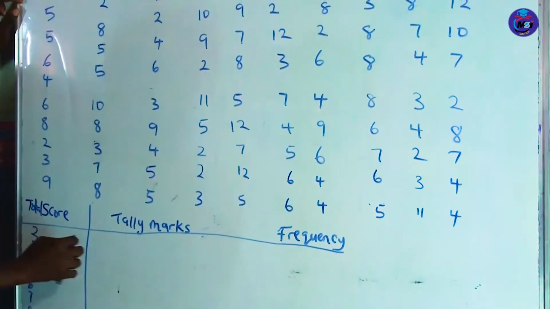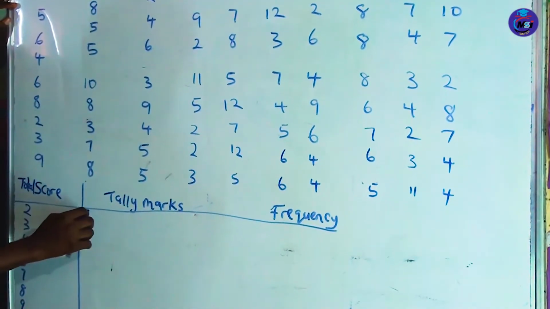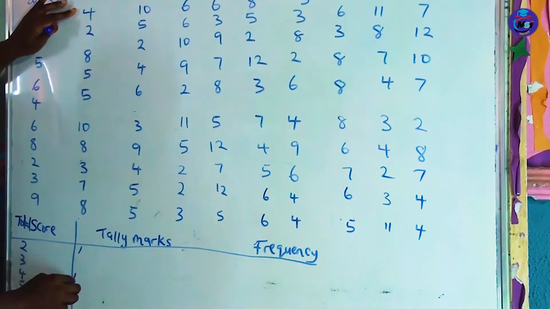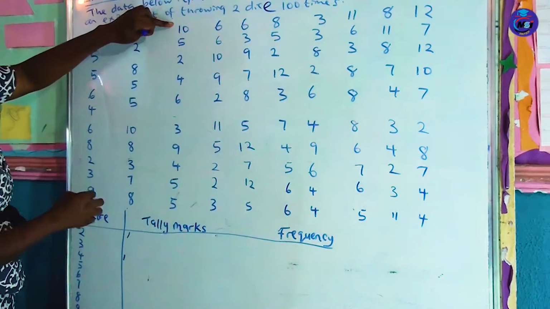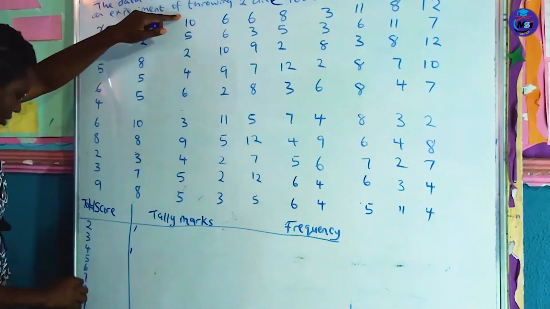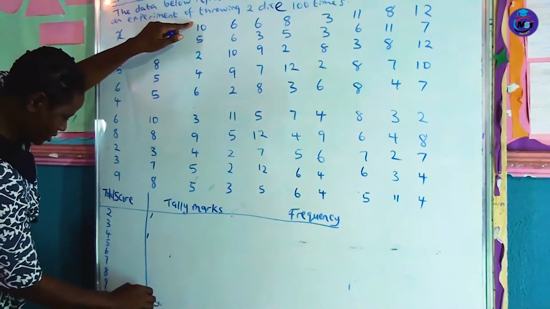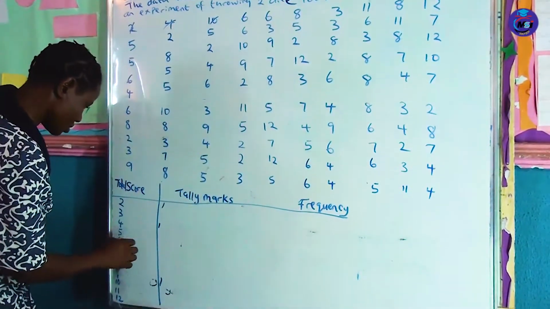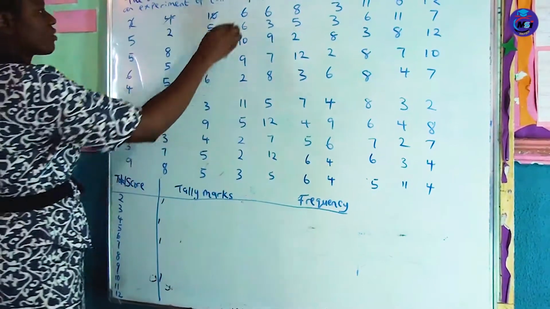2. This is 2. We cross out 4. 1 on 4. 10. 1 on 10. We cross out 10. 6. 1 on 6. We cross out 6.